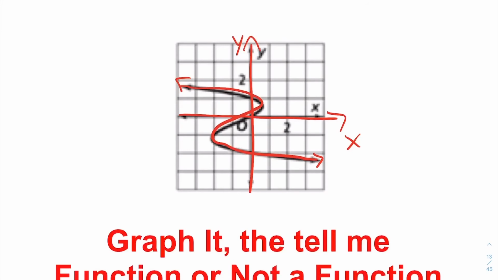Do any of these x's repeat? For -1, we have an answer here. We have an answer here. By answer, I mean we have an x and a y. X's and y's are solutions.